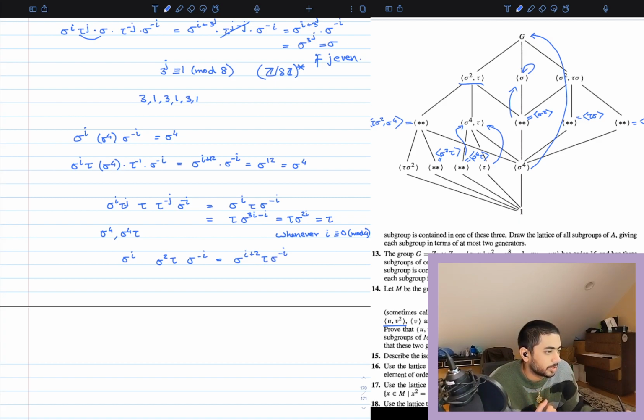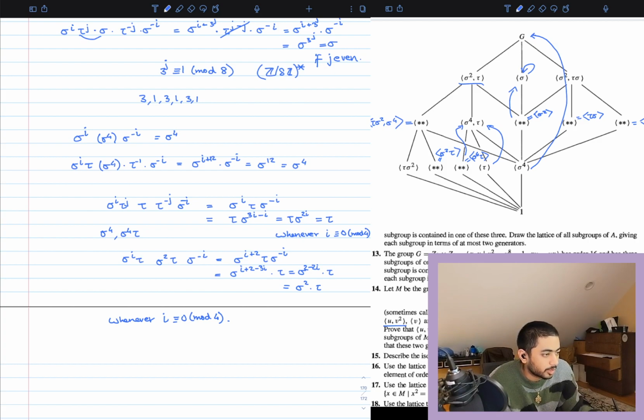I guess we can swap these and get sigma to the i plus 2 minus 3i times tau, which is sigma to the 2 minus 2i times tau. And this should come out to the same thing as sigma squared times tau whenever i is a multiple of 4. Okay, so only sigma to the 4.